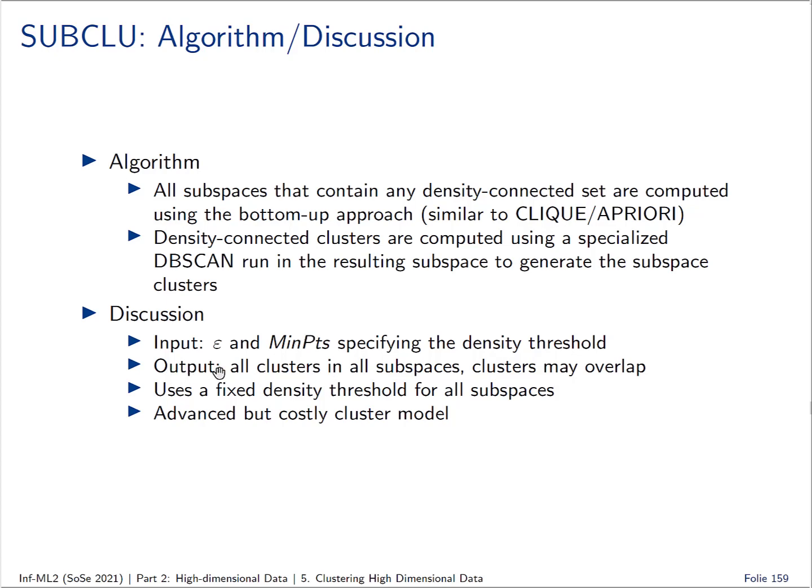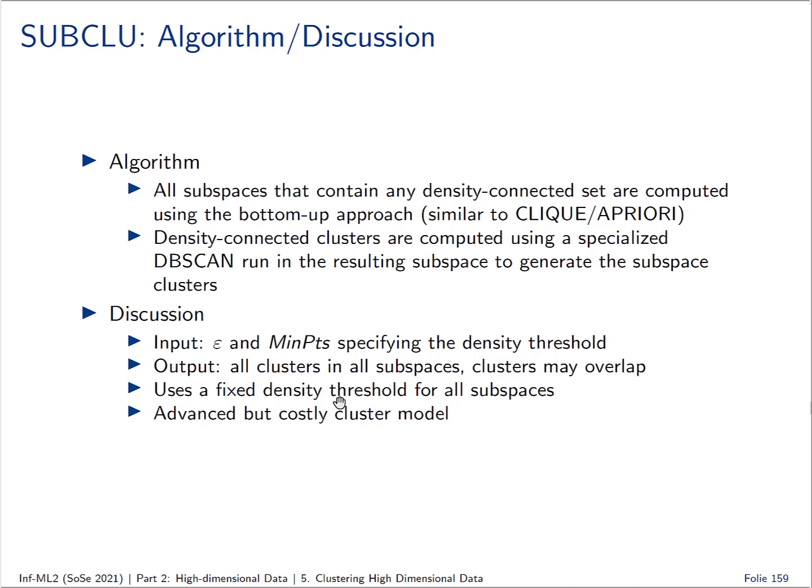The output again is the set of all clusters in all subspaces, and again clusters may overlap. So one point may be in different clusters in different subspaces. As before, in order to ensure this monotonicity criterion, we use a fixed density threshold for all subspaces. So we compare, for example, 50-dimensional subspace clusters and 2-dimensional subspace clusters, because we apply the same epsilon and the same minPts to these subspaces.